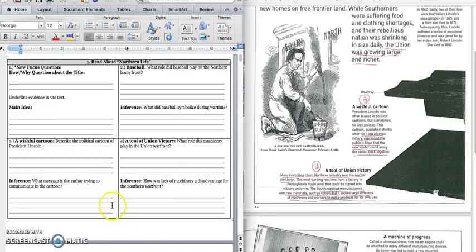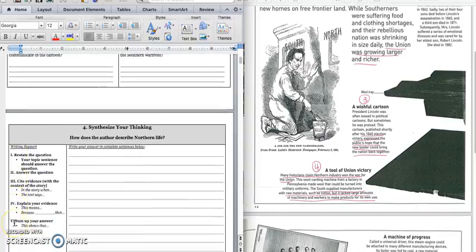So in box 4, we would write, the lack of machinery did not allow the South to quickly make uniforms and supplies for its soldiers. Without adequate supplies, the soldiers could not be as effective in battle. Press pause to write down your answer and play when you're ready for the paragraph.